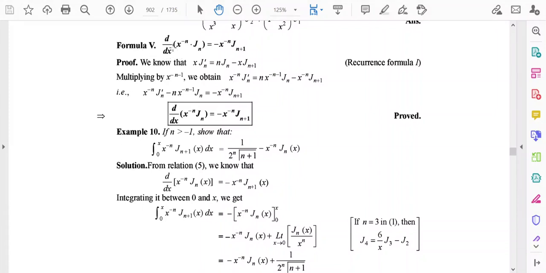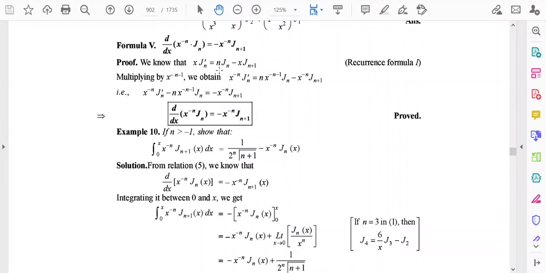Here we have to deduce that d/dx of x to the power minus n into Jn is equal to minus x to the power minus n J(n+1). Now from recurrence formula 1, we know that x Jn prime is equal to n Jn minus x J(n+1). Now we will multiply x to the power minus n minus 1 with this equation.